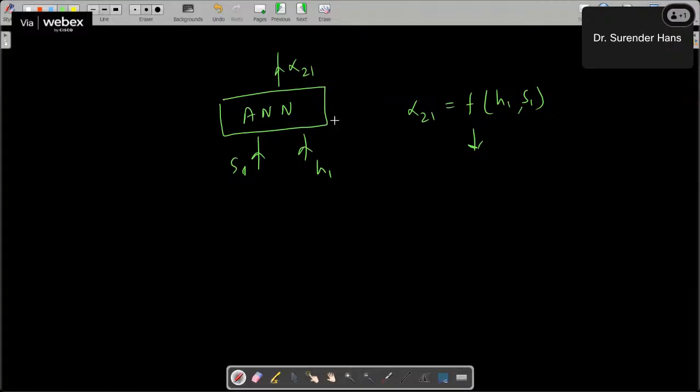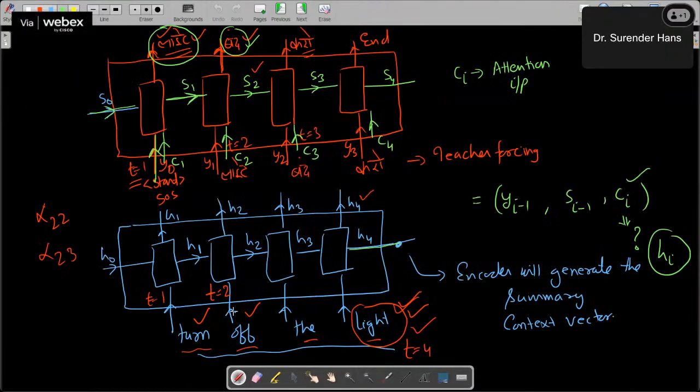So now this one is very simple. This weight and this bias, when this whole architecture is trained, along the way it will also train itself.